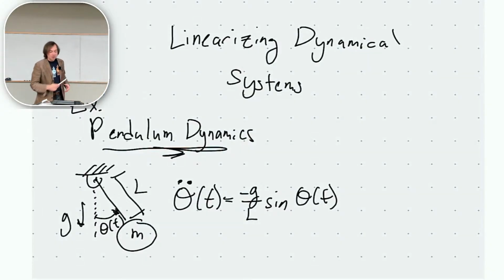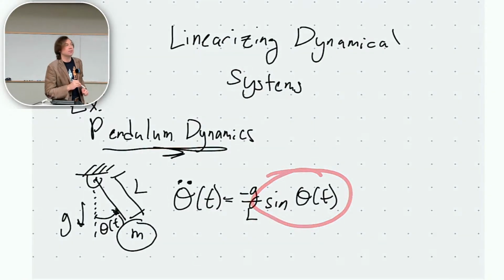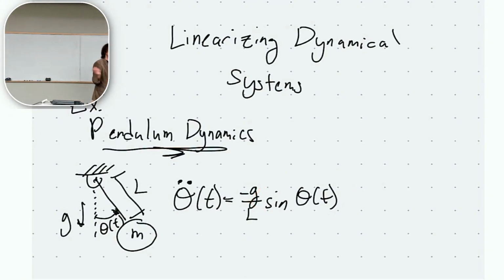Cool. So we have here these dynamics. Are those dynamics linear, friends? No, you see head shaking. Why not? We have this sine of theta of t. But who here did the equations of motion of a pendulum in a physics class? Yes, so some folks did.